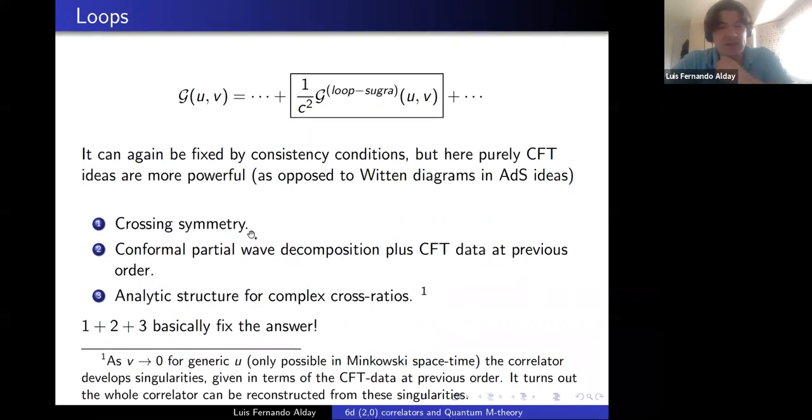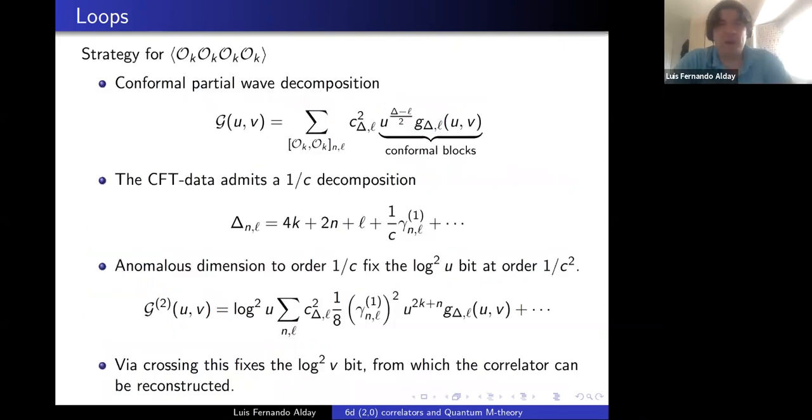The consistency conditions here are crossing symmetry, conformal partial wave decomposition, plus the CFT data at the previous order, and the analytic structure for complex cross ratios. I had a slide explaining how this works, but it's a bit technical, so let me skip this.